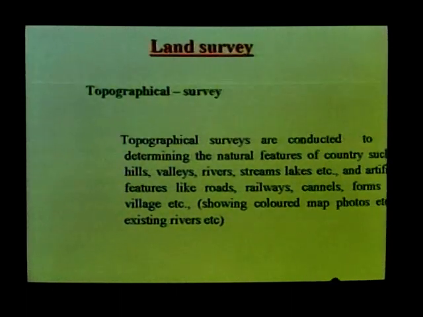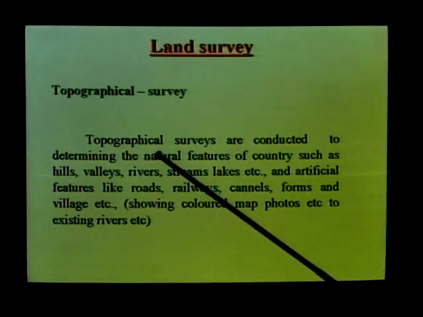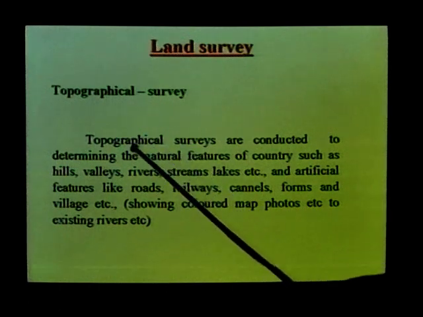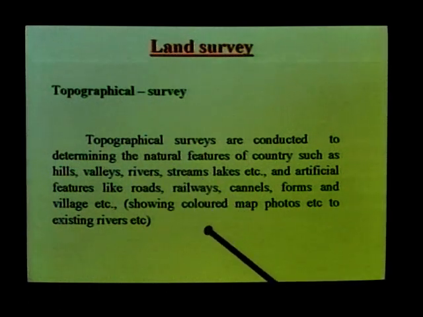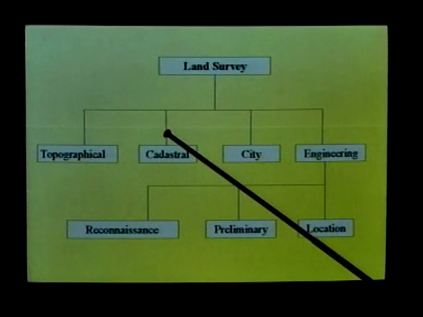Topographical surveys are conducted to determine the natural features such as hills, valleys, rivers, streams and lakes, and artificial features like roads, railways, canals, farms and villages, all shown on colored maps.